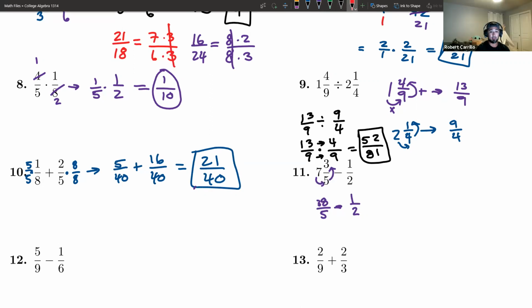So to get to 10, I multiply 38 over 5 by 2 over 2, and I multiply 1/2 by 5 over 5. 2 times 38 is 76, so 76 over 10 minus 5 over 10, and we are left with 71 over 10.